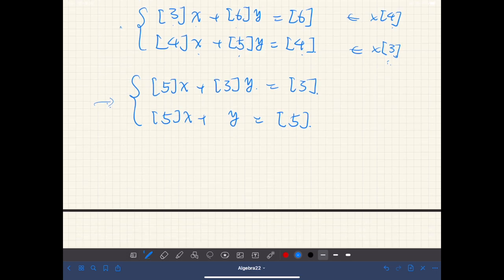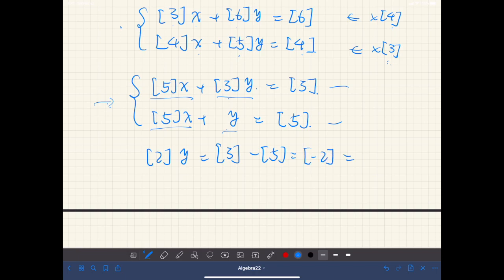So by subtracting this one from the first one, this will be eliminated, and we have 3 minus 1 is 2, even in modulo 7, and 3 minus 5 is negative 2.